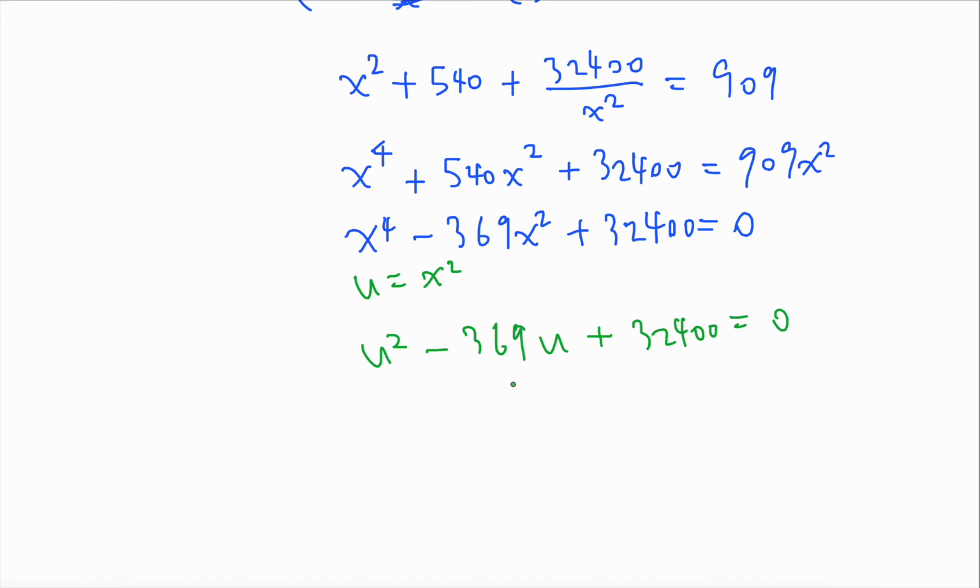That's less easy, but we could always do the hard method: negative b plus or minus the square root of b squared minus 4ac, the quadratic formula, divided by 2a, equals u.